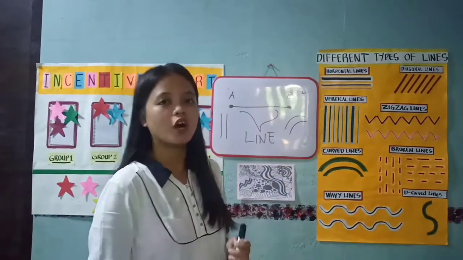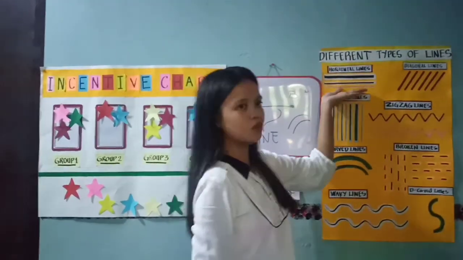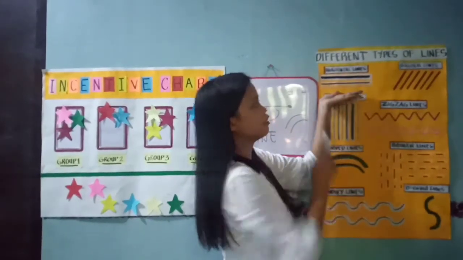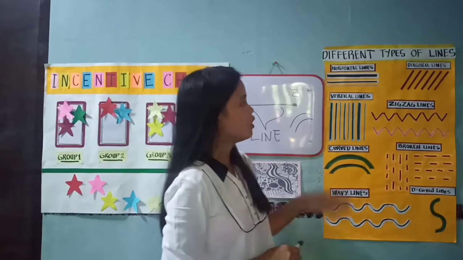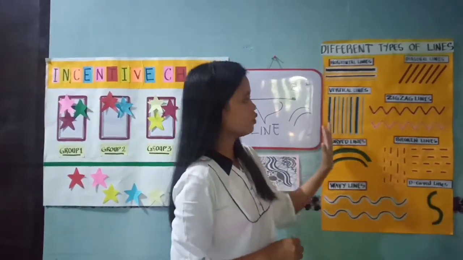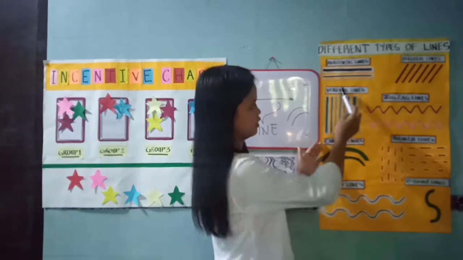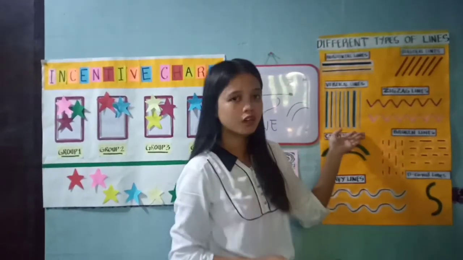When we say horizontal lines, it looks like this. It can be thick or thin. Next, we have the vertical lines. It looks like this. It can also be thick or thin.